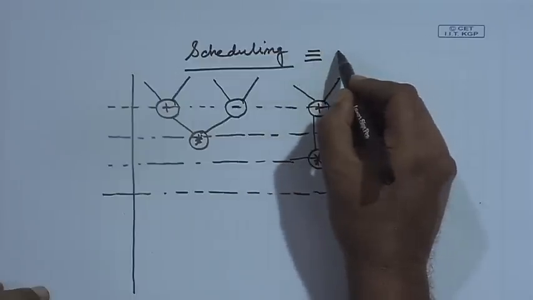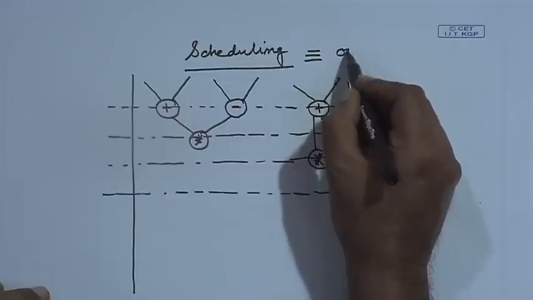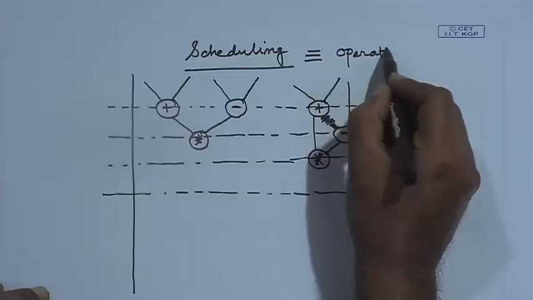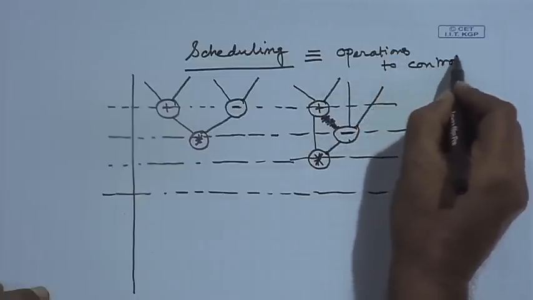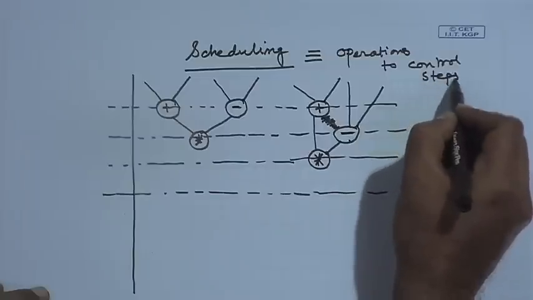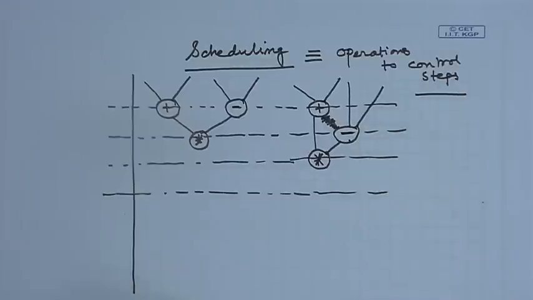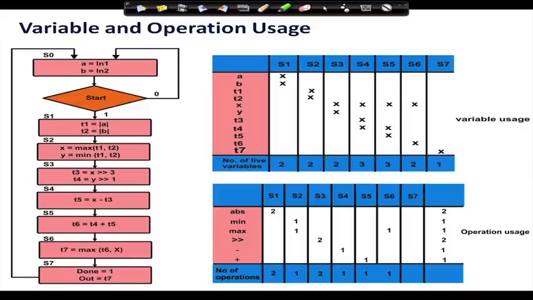So, scheduling is basically a mapping of operations to control steps. Okay. So, in this case, as we can see, two absolute computations, max and mean computations, have both been done in the same control step. So, based on that we needed so many steps, so many states, right.